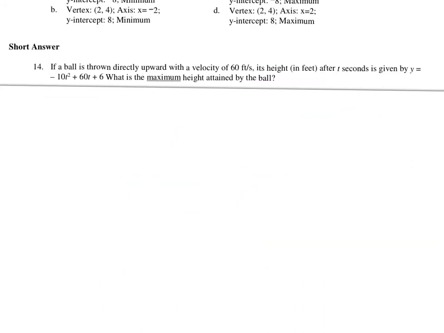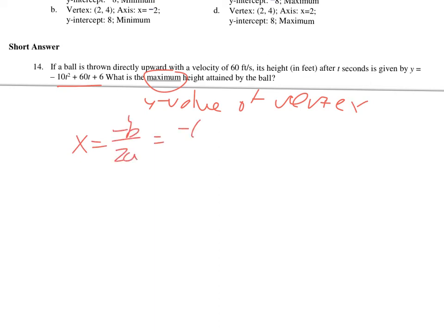All right, next up here, it's asking me, given this equation right there, what's the max height? So that's always the y value of the vertex. So I'm just going to follow my usual pattern. So x equals negative b over 2a. And so that's negative 60 over 2 times negative 10. So negative 60 over negative 20, which is 3.